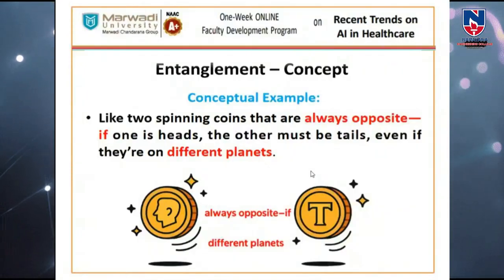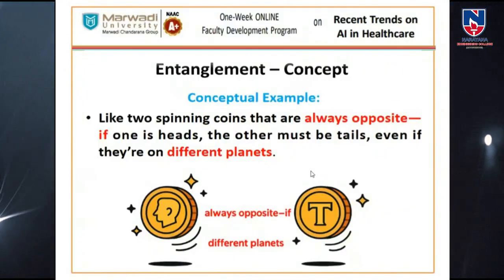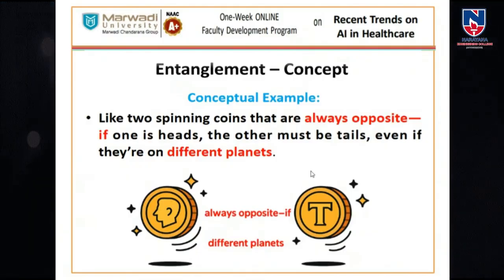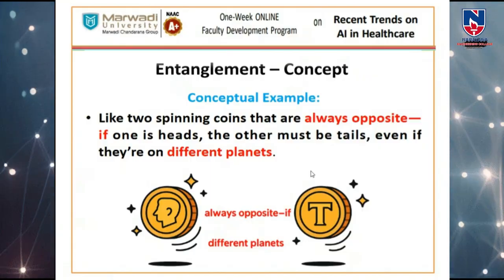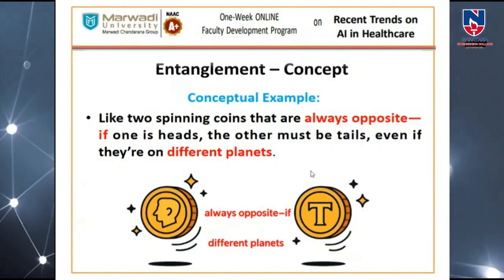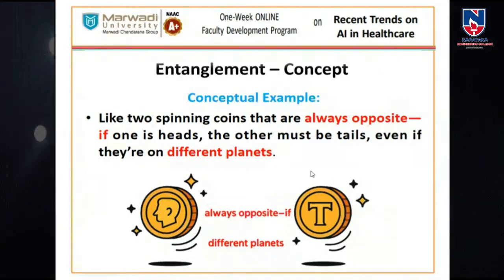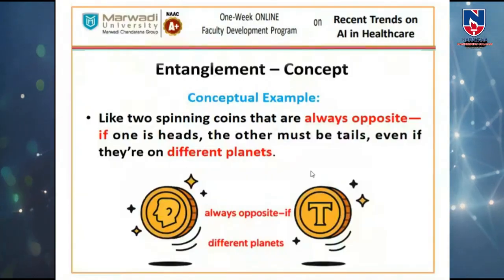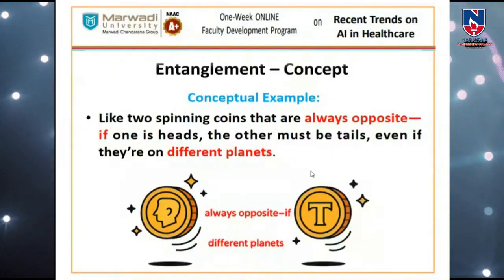The distance does not matter. Simply by knowing the state of one, if it is head, automatically the other will be tail, and vice versa. That means the measurement of the state becomes unnecessary. But that is also one of the parallel computing concepts, right?